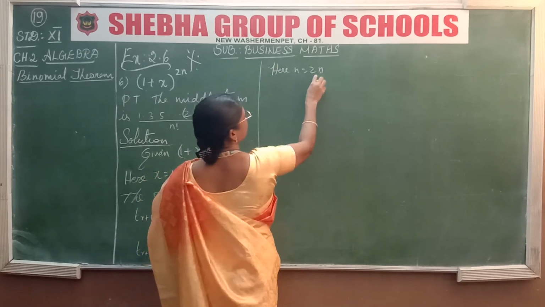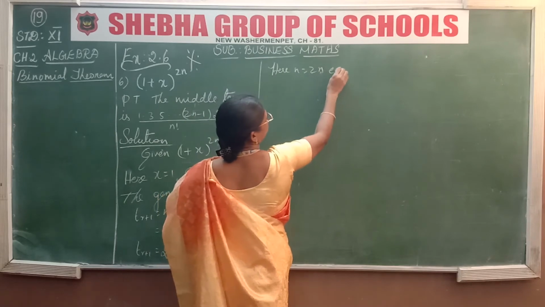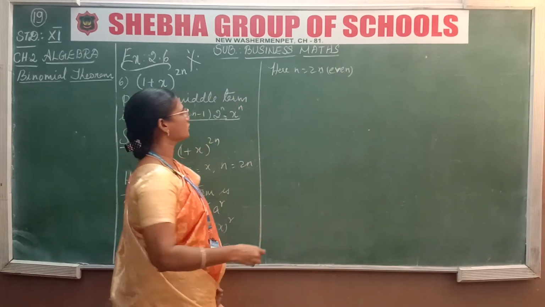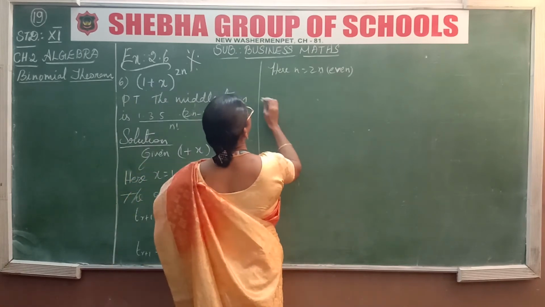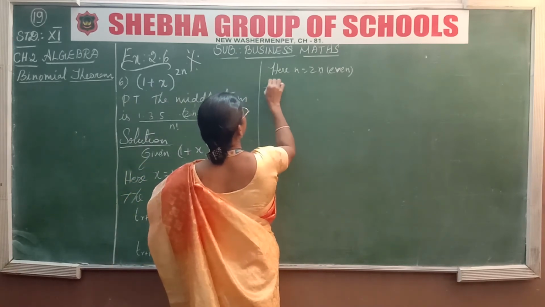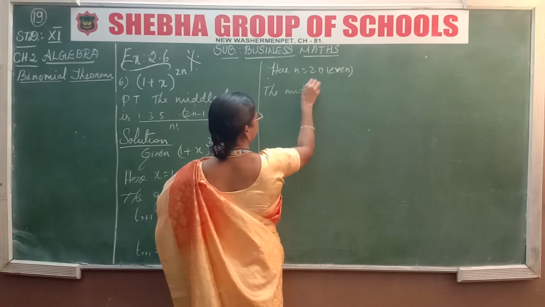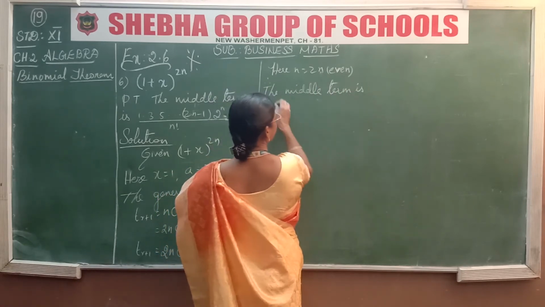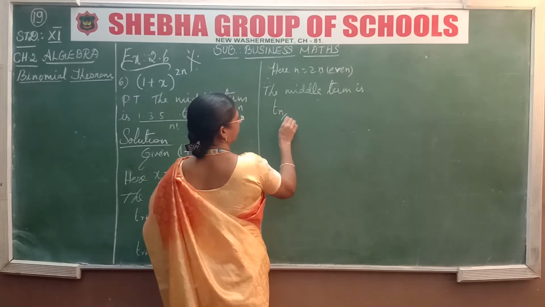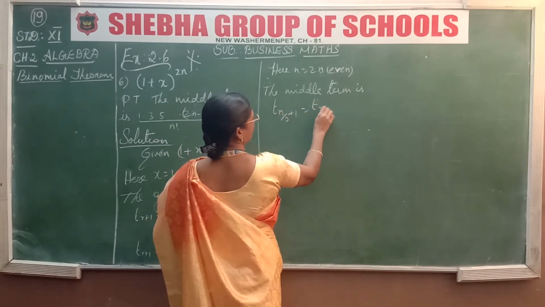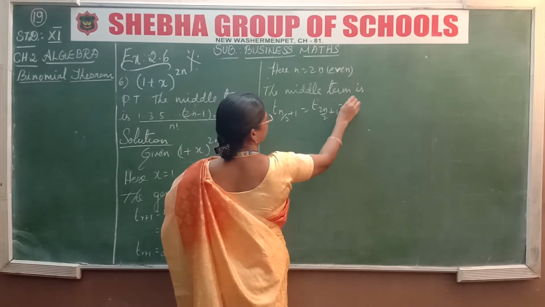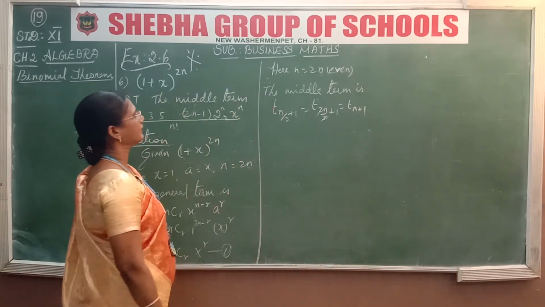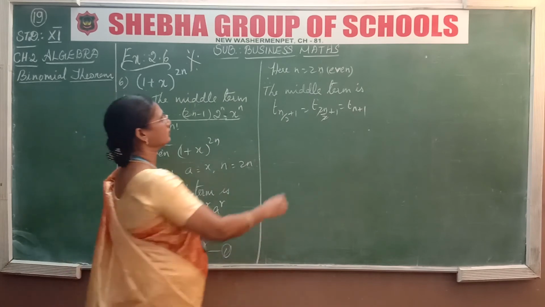N is 2n, isn't it? 2n means clearly it is even. Okay, even. So only one middle term, that is, the middle term is T n by 2 plus 1, that is T 2n by 2 plus 1, that is T n plus 1.